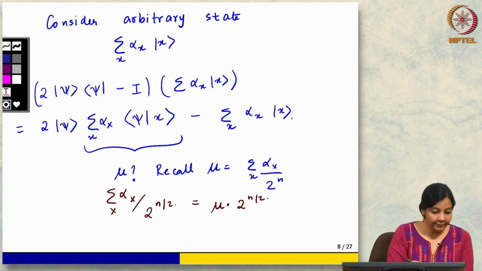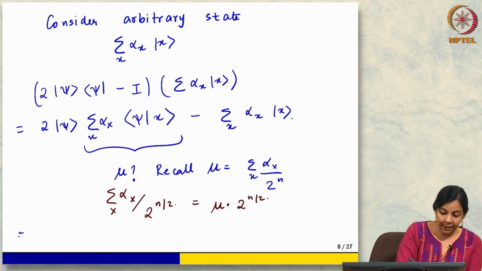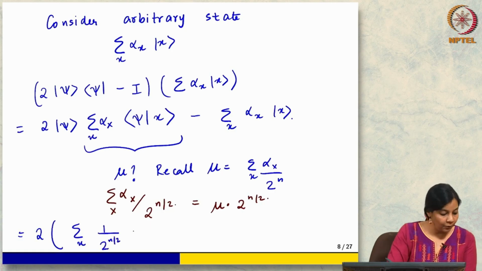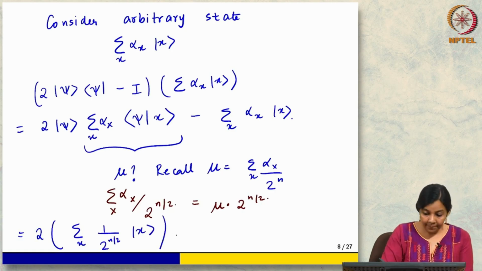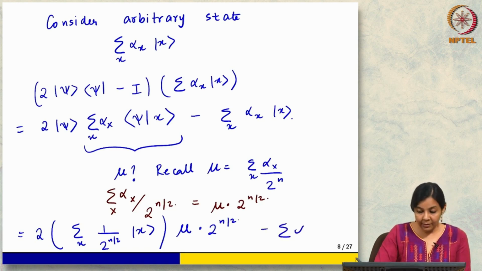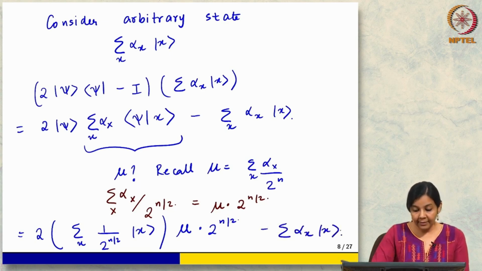So, let's continue. So, basically here I get 2 times summation over all x 1 over 2 to the n over 2 x mu times 2 to the n over 2 minus summation alpha x, x. Does everyone agree?